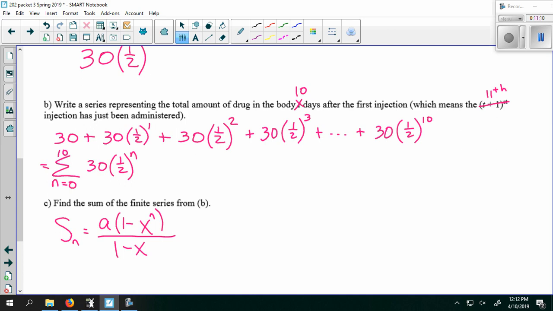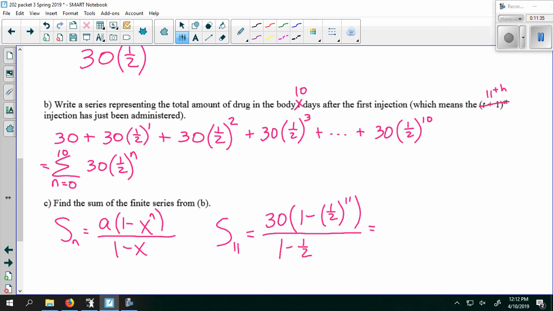A is the first term in the list. So S sub 11, sum of the first 11 terms. The first term in the list is 30. Then I'm going to do 1 minus, x is the multiplier, which is 1/2 in this case, to the n, which is 11 terms, over 1 minus x.